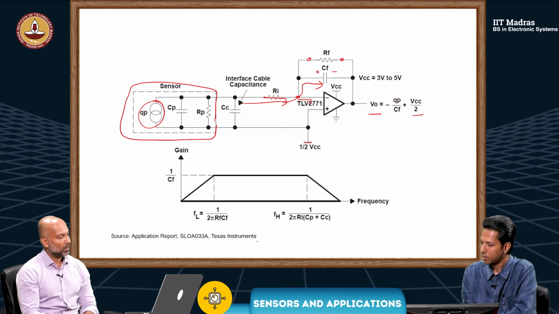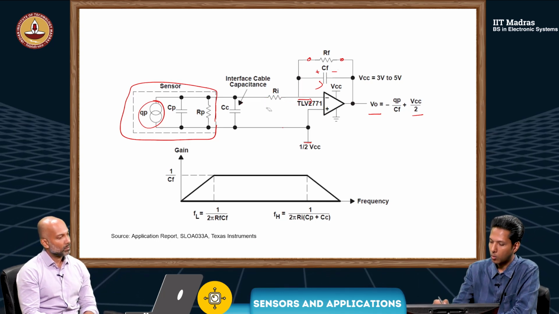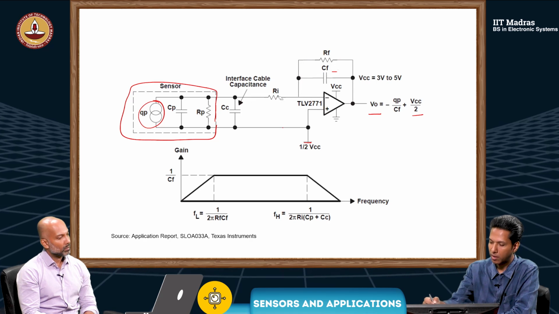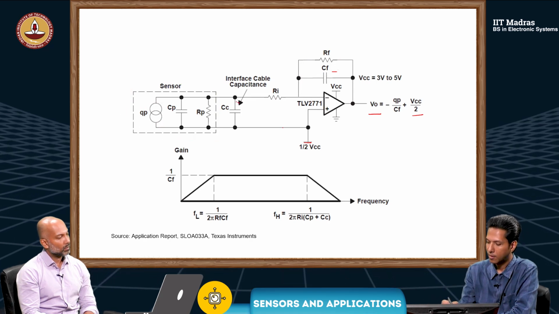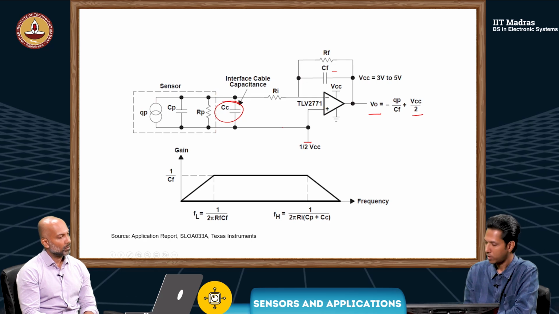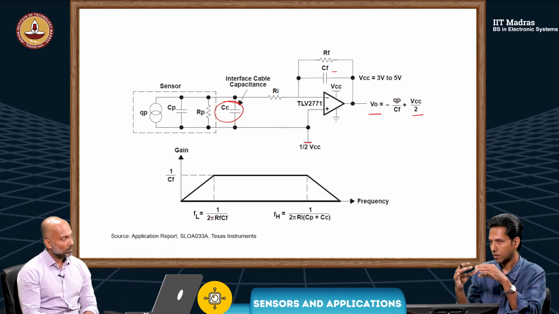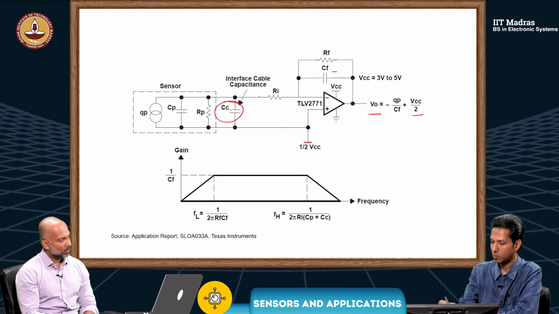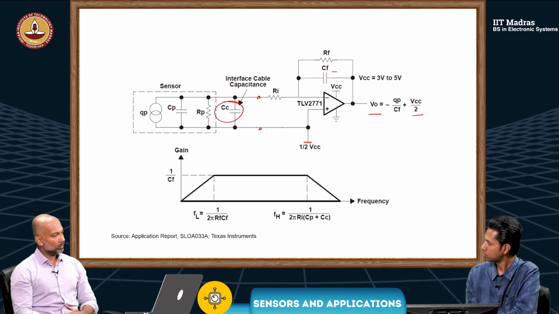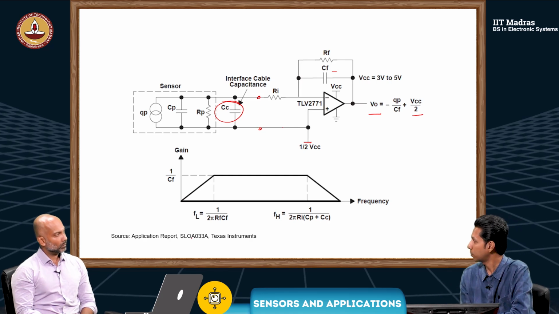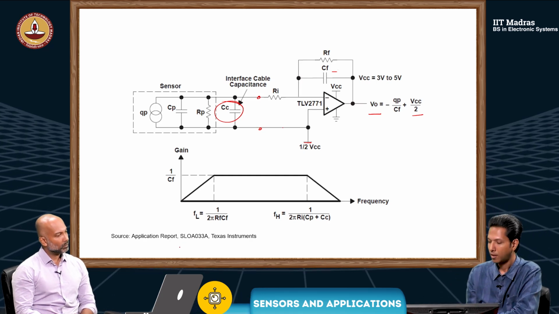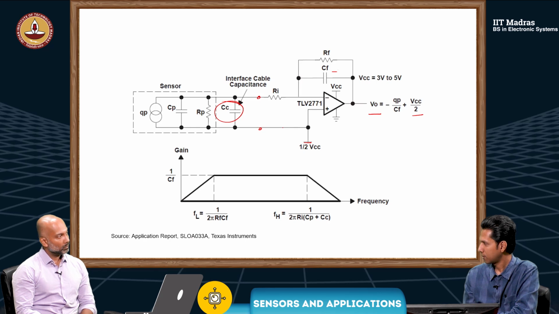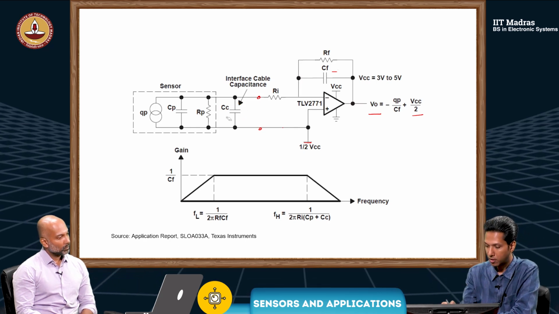Now, you see some other elements here, CC. You have this piezoelectric element, then you have used a cable to connect to your circuit. The cable will have cable capacitance, which we have discussed before, and we do not want the charge transfer to get affected.